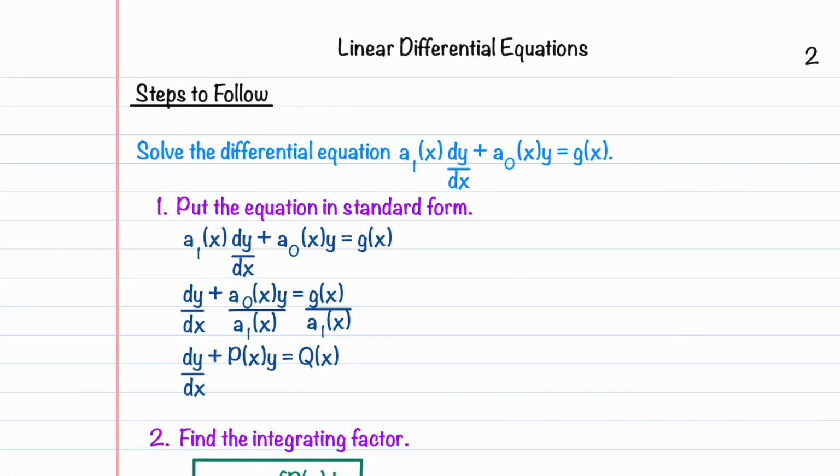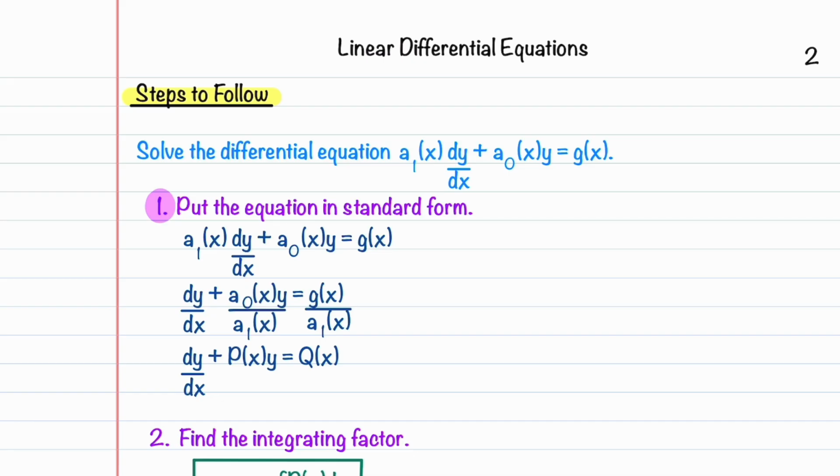To make things easier, I've written down steps that you can follow for solving any first-order linear differential equation. We're going to quickly go over all of these steps so that you can understand the theory behind solving these types of equations. Let's look at the first step. The first step is to put the equation in standard form.